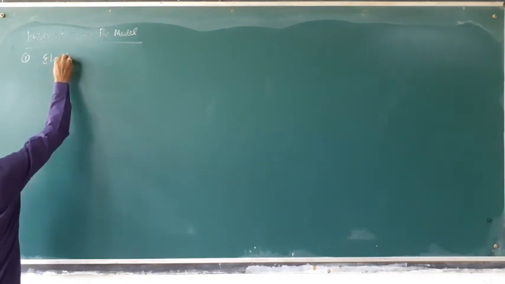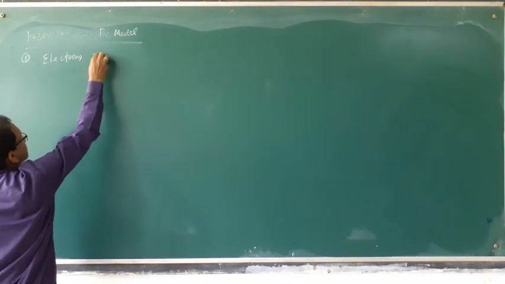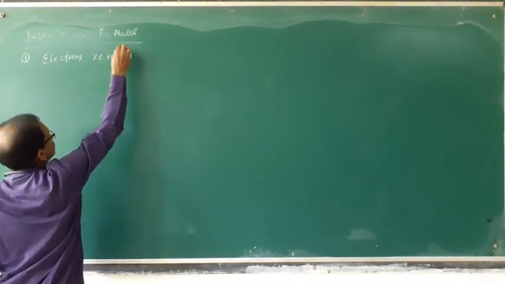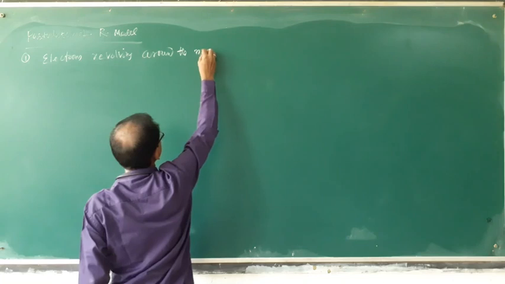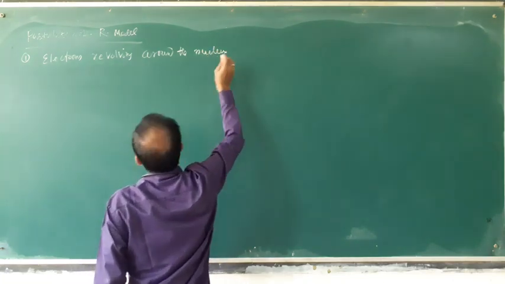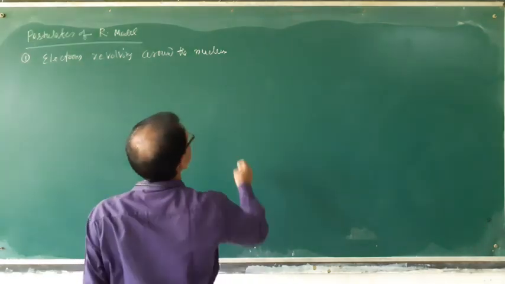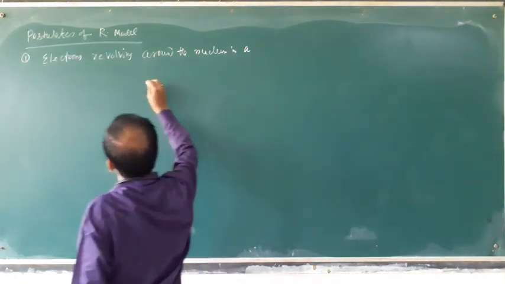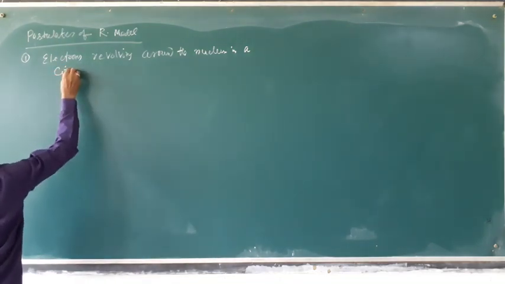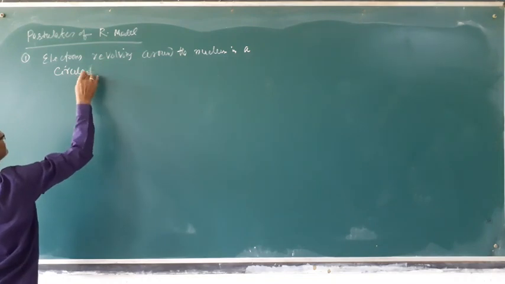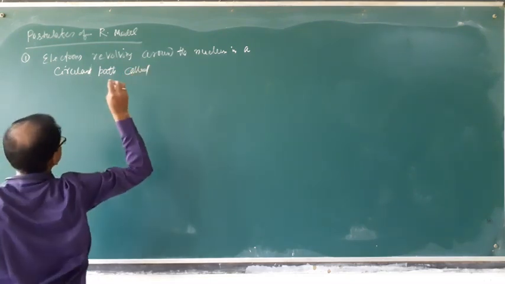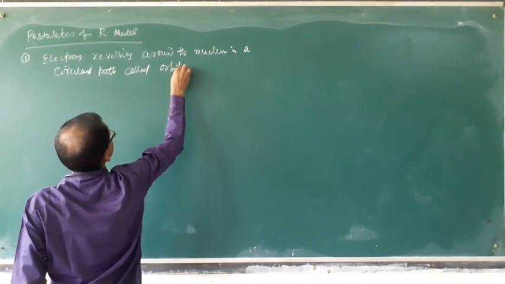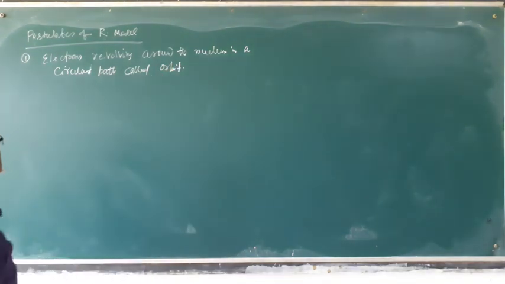Electrons revolving around the nucleus in a circular path called orbit.